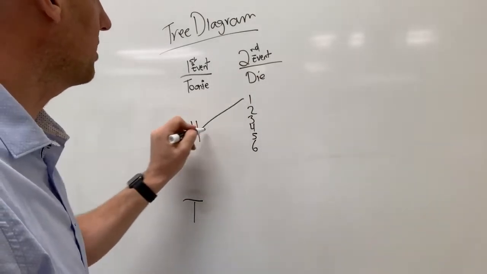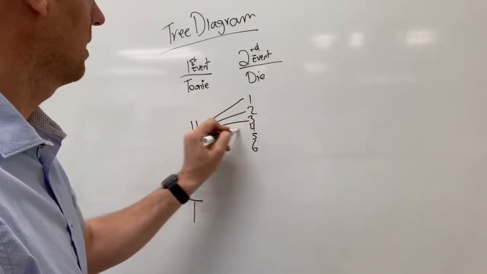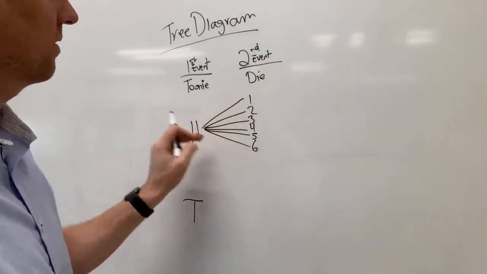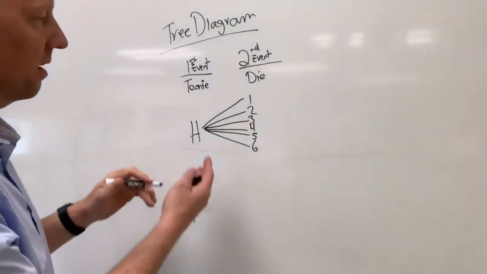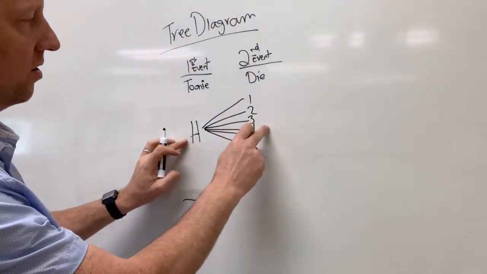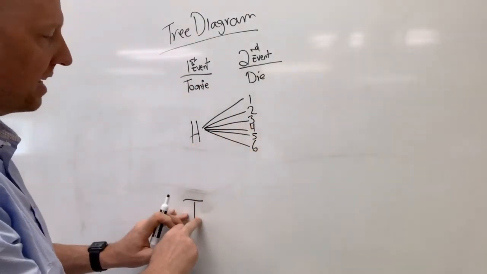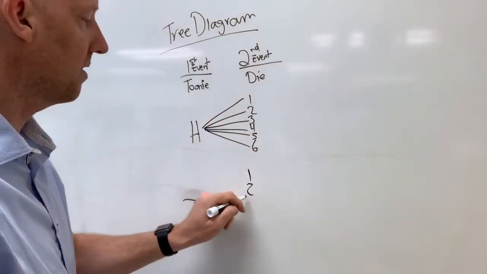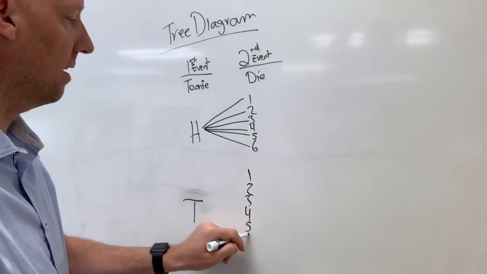Okay, so in combination with heads, we can have heads and a 1, heads and 2, heads 3, heads 4, 5, and 6. Now the important part to notice is that this is one set of combinations used with the heads, and then this could occur when we flip a tails. It is also possible to have 1 through 6 occur here, so we have to list those again.